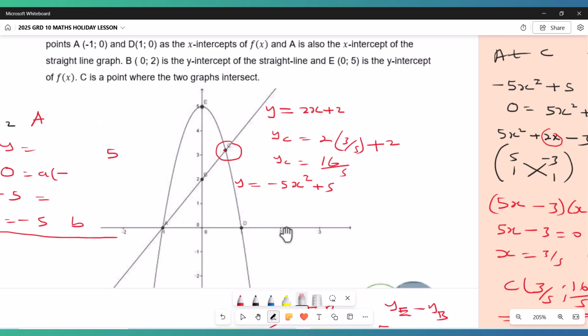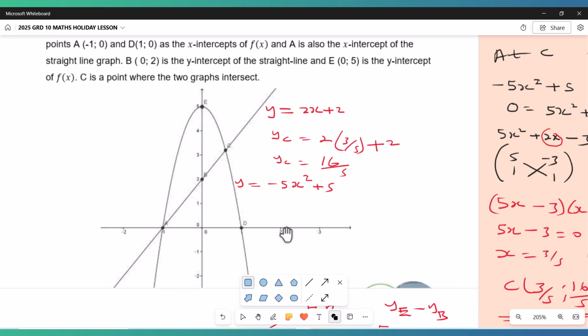Okay, so now if the lines are perpendicular, what is to do with the product of their gradients? What do we know about such lines which are perpendicular? To give us negative what?